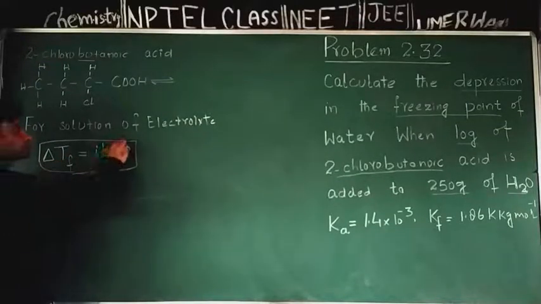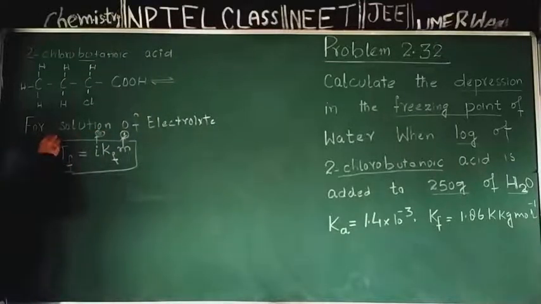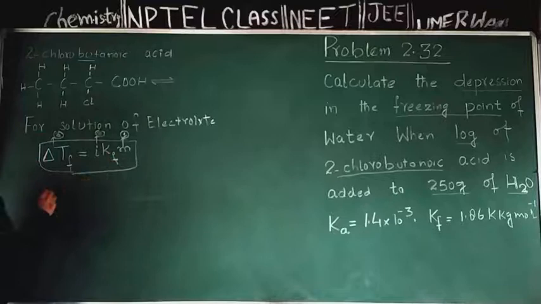First, molality. This will be the first part of the solution of this problem. In the second part I will determine value of I, and in the last part I can then determine value of depression in freezing point. First I will go for calculation of molality.